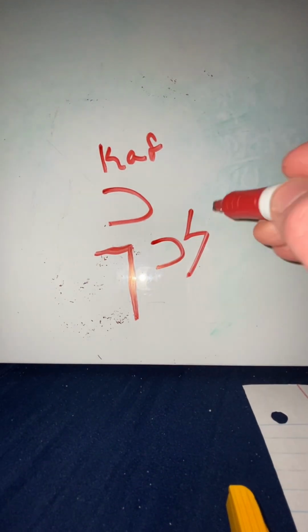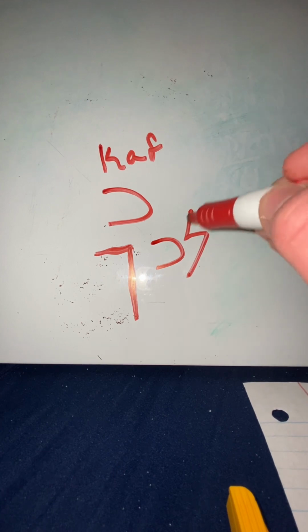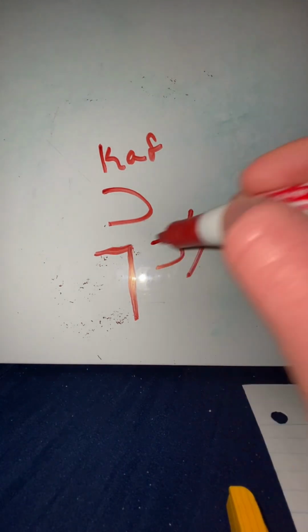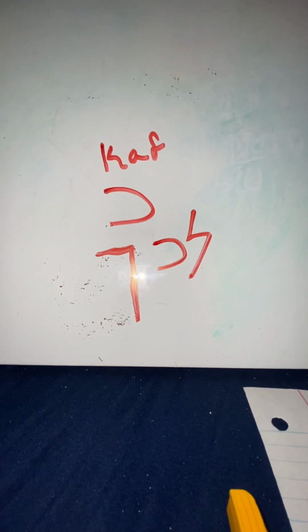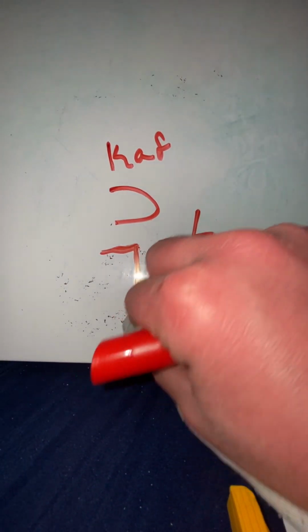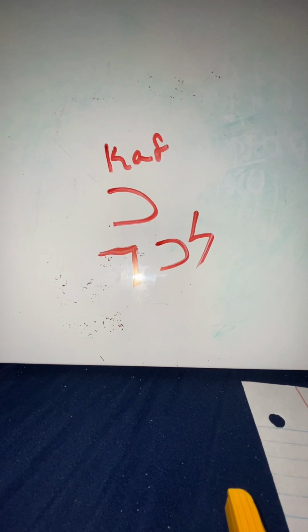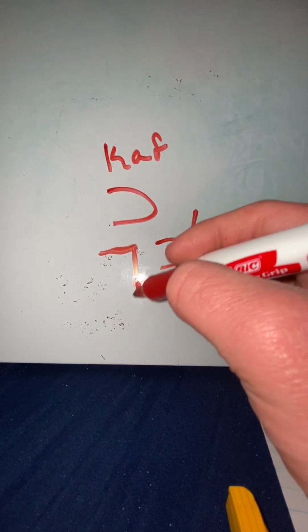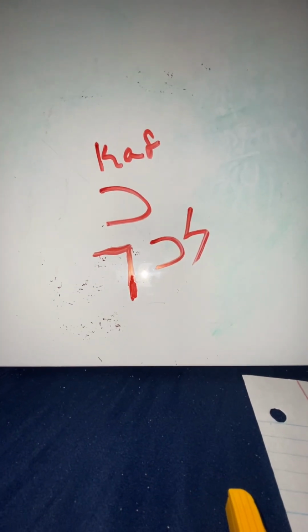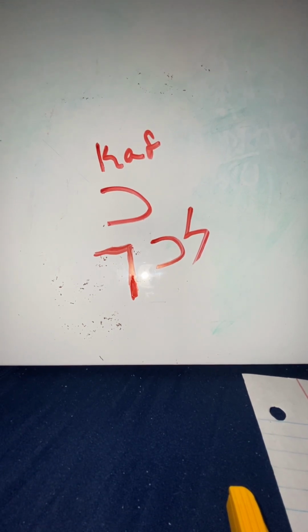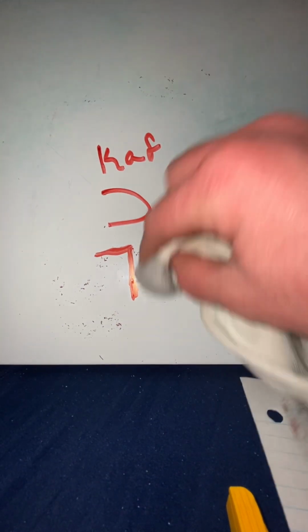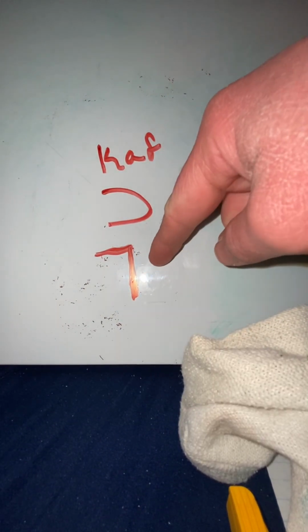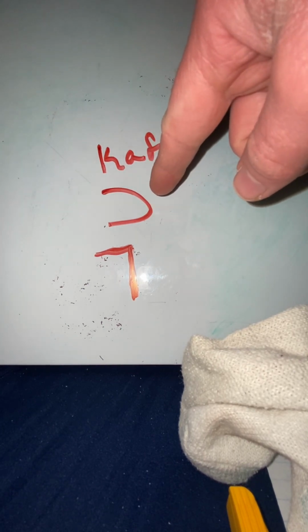This part of this letter goes above the other letters. This part goes below the letters. It doesn't have to go too far below, just a little bit, because if you go too far below, then the line of words below will show up in that. But anyway, that's Kaf. You have the final version at the end of the word, and anywhere else in the word it's written just like that.